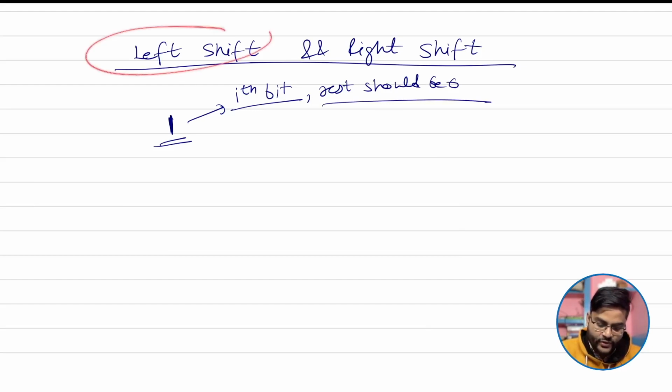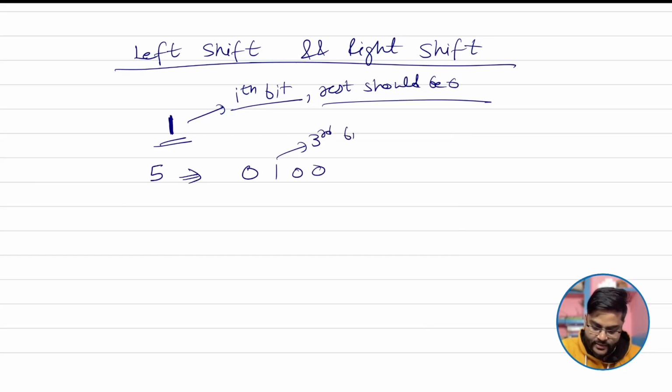By using the left shift or right shift operator. Let's say in 5 only, I want to find the third bit. So my mask will be nothing but 100. This should be 1 and the rest should be 0. So this will be my mask.